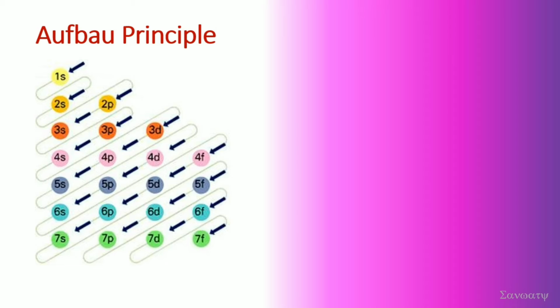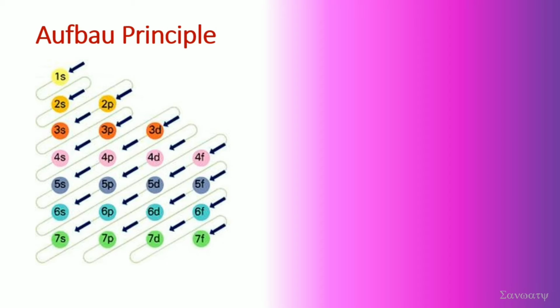But from 3p, we go to 4s, following the arrows on the diagram. After 3p is full, the electrons fill 4s, which has a maximum of 2 electrons. After that, the remaining electrons fill 3d, which can have 10 electrons. So the order in which we fill the orbitals must follow that diagram.